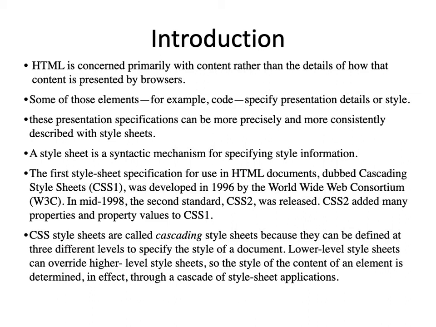CSS style sheets are called cascading style sheets because they can be defined at three different levels to specify the style of a document. Lower level style sheets can override higher level style sheets. So the style of the content of an element is determined in effect through a cascade of style sheet applications. We will see that in our practical sessions.